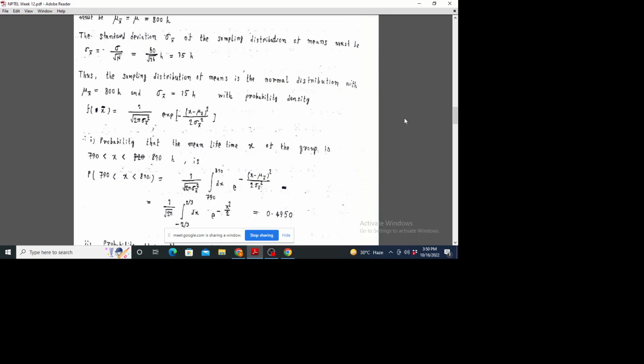So the sampling distribution. We have now found the sampling distribution, and of course from the central limit theorem, for a large number of variables, the distributions may be approximated by a normal distribution.